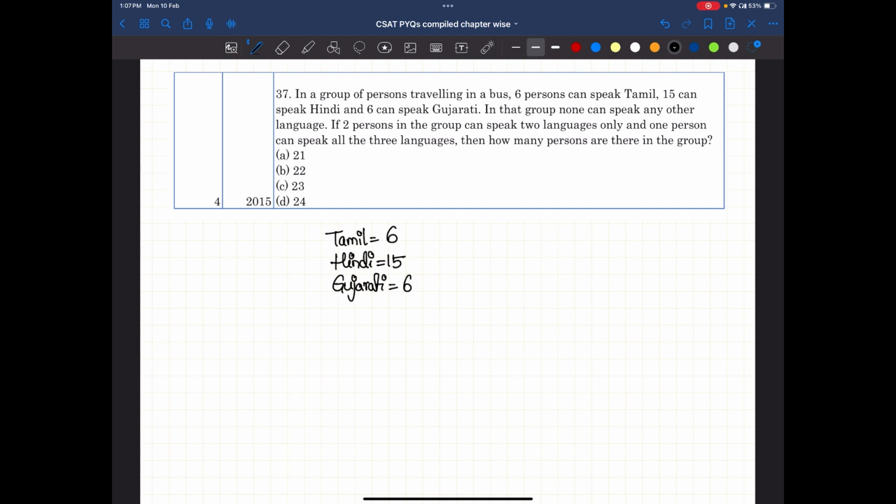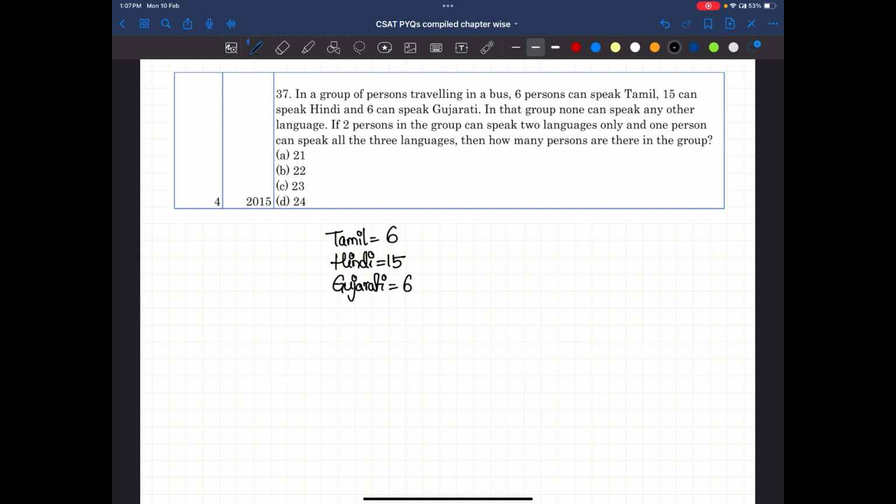In that group, none can speak any other language. That means other than Tamil, Hindi and Gujarati, there are no people who speak any other language.